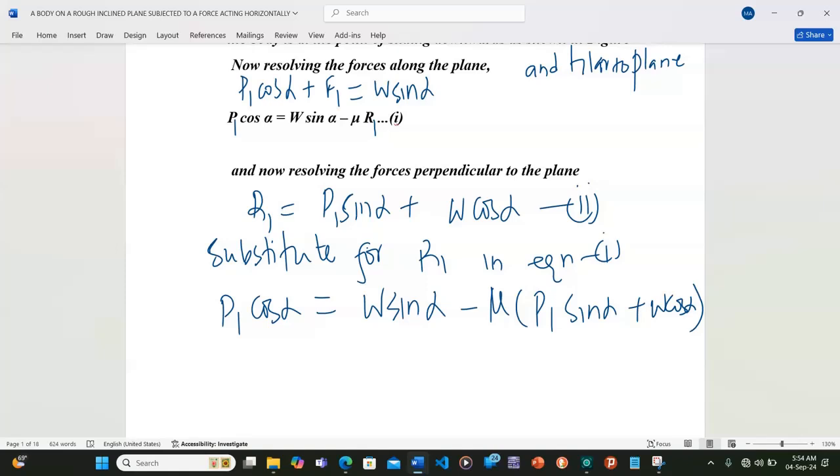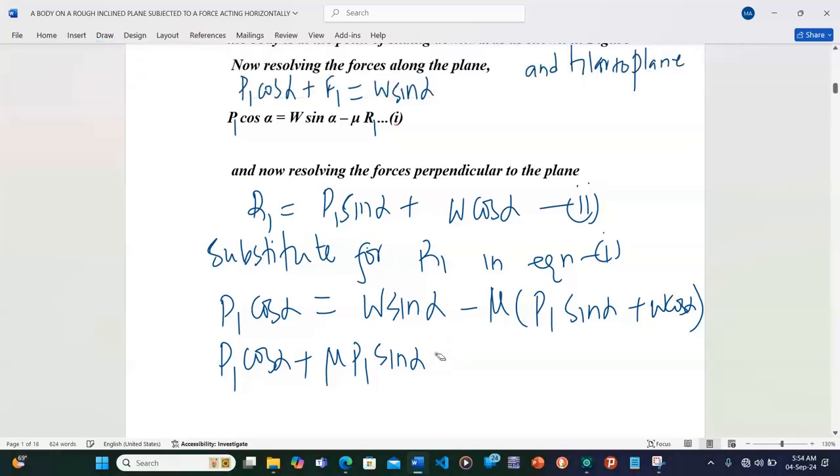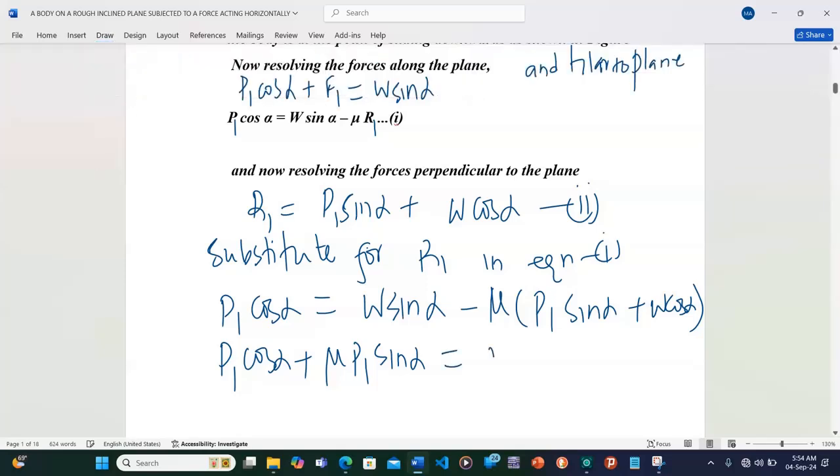So I take this P the other side so that I have P1 cos alpha plus nu P1 sine alpha, the W can remain the other side. So this is going to be equal to W sine alpha, then minus nu W cos alpha.